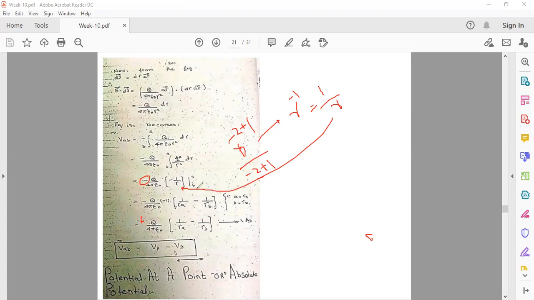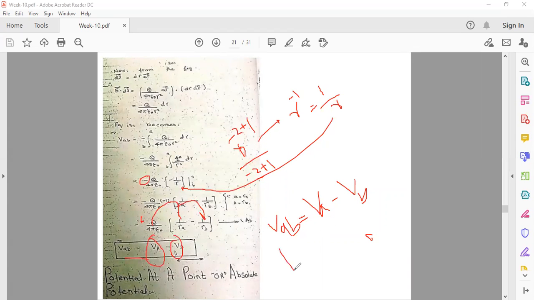Putting the values of the limits A and B, we will get 1 over RA minus 1 over RB. If you multiply this with this, we will get the electric potential at point A, and when we multiply this with RB, we will get the electric potential at point B.